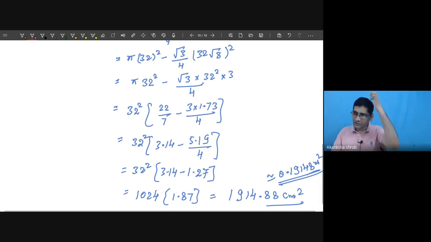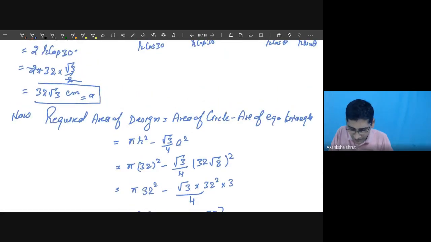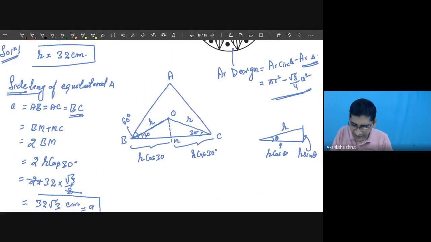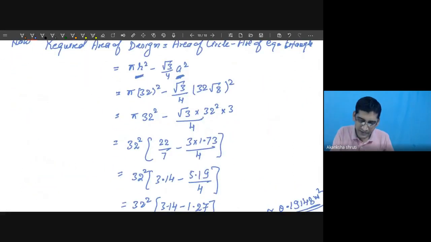So this way you have to calculate. Carefully understand that in whatever required area we are writing, the unknown quantities like the variables R and A are related to the figure, which we first have to calculate, then substitute. It's that simple.